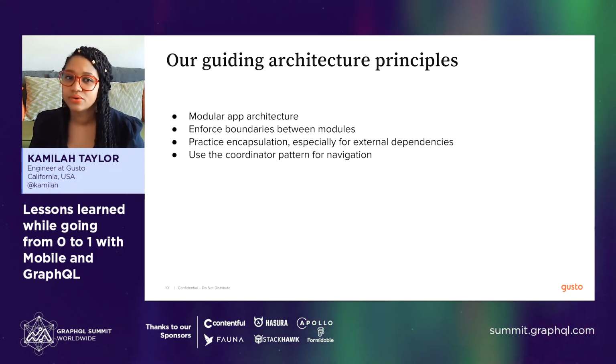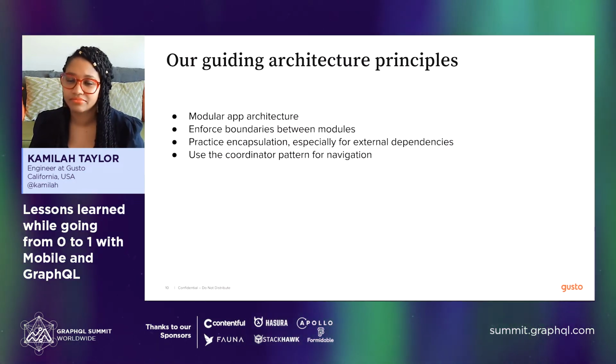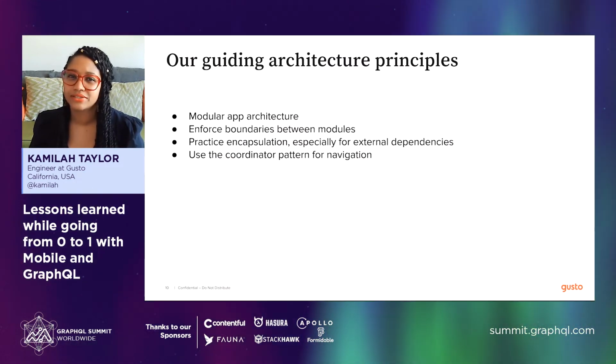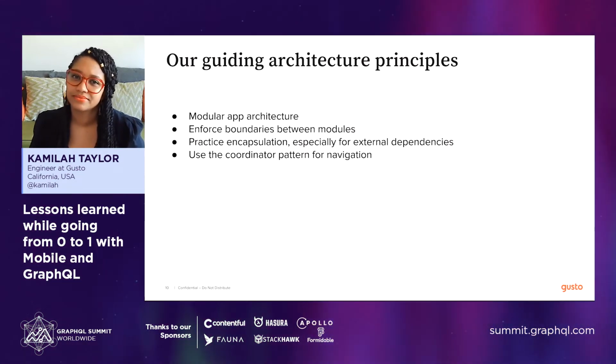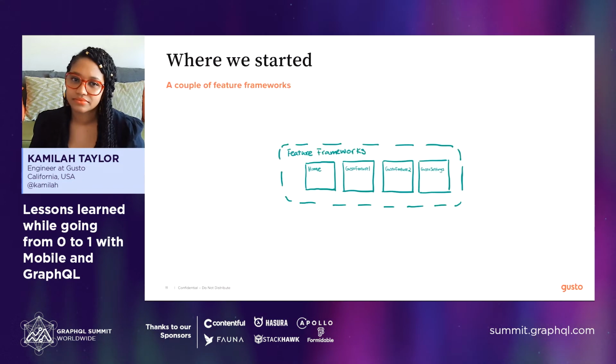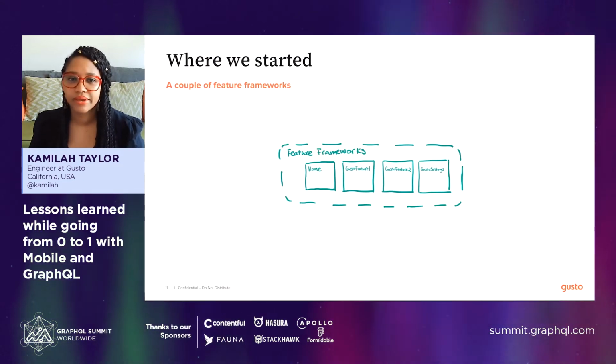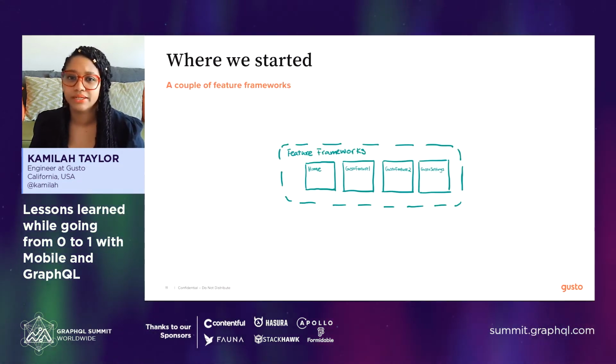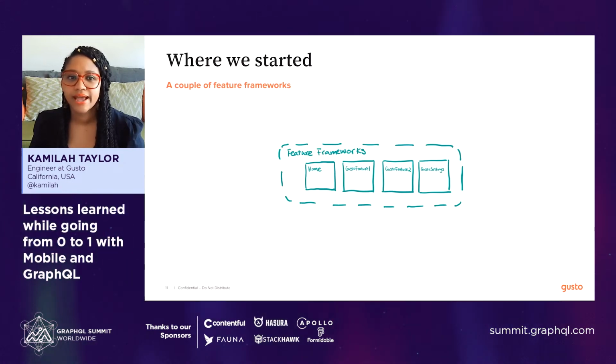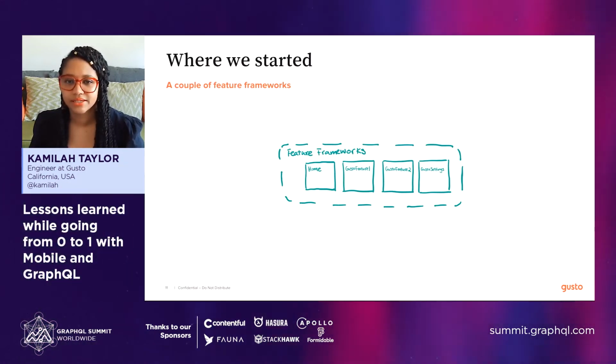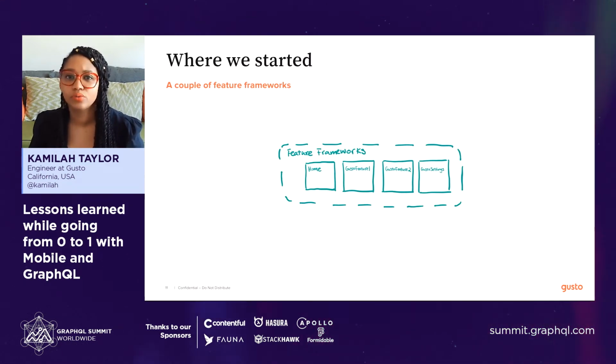And we'll use the coordinator pattern for navigation, something that we won't go into too much in this talk, but is still helpful context. We started with our main framework, called home in this diagram, and started adding frameworks for our main features. At first, this was just one feature framework, but we knew where we were heading.